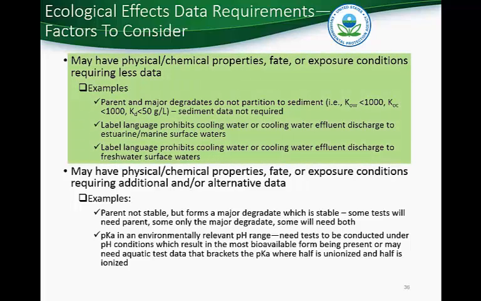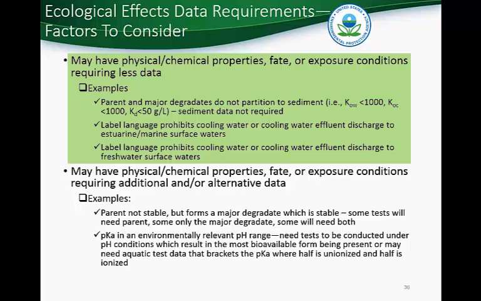There are circumstances where differences in the physical chemical properties, fate, or exposure conditions will require less data than what I just presented. For example, if the active ingredient and its major degradates did not partition to sediment as determined by the KOW, KOC, and KD values, then no sediment testing would be required.